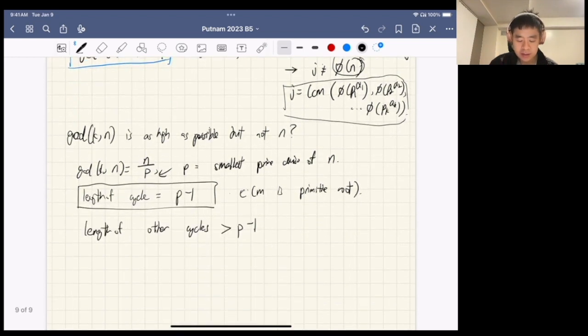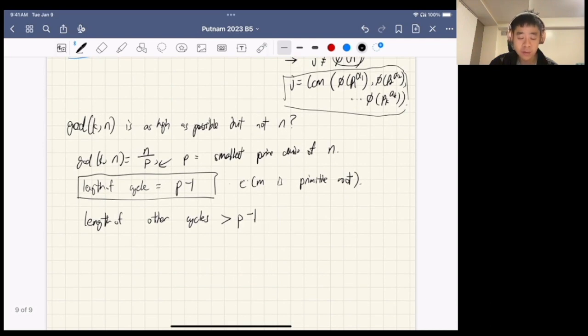So why is this so? Because you see, we see that, let's say, m times p to the p minus 1 times k is congruent to k, meaning that k times m^(p-1) minus 1 is equal to 0.